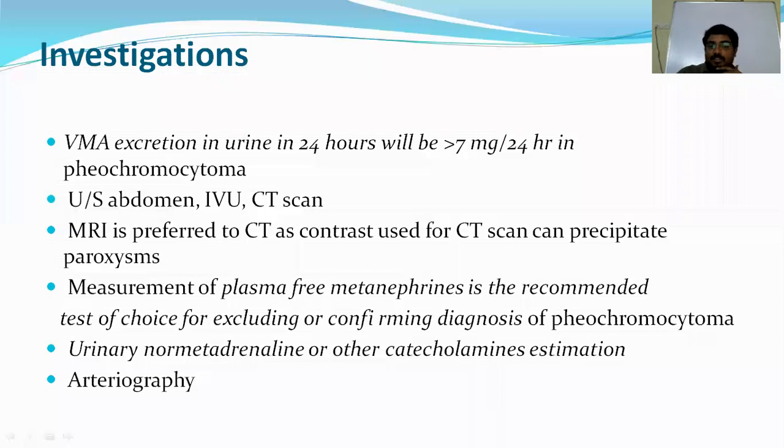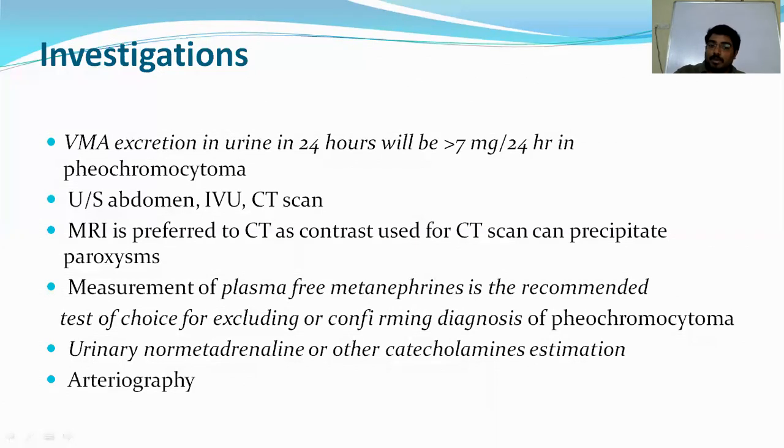Investigations. VMA excretion in 24 hours will be more than 7 mg per 24 hours in pheochromocytoma. USG abdomen, IVU, CT scan, MRI, and measurement of plasma-free metanephrines, which is the recommended test of choice for excluding or confirming the diagnosis of pheochromocytoma.